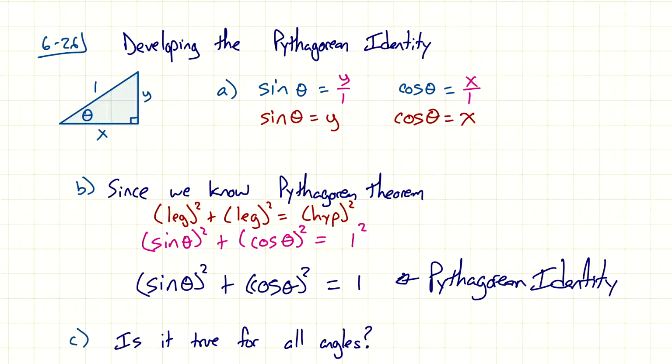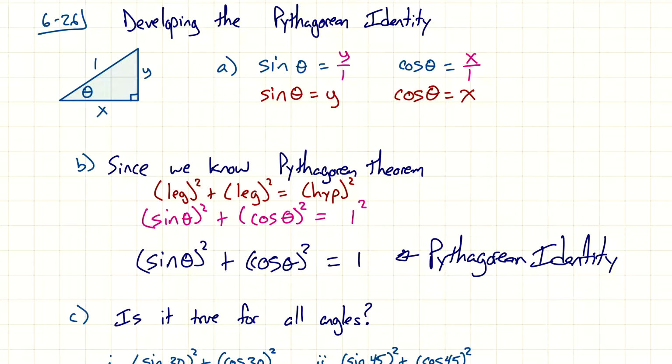This is what we think is true, based on rewriting these relationships into little equations and plugging them into a theorem that we already know. If this is true, then we want to know, is it true for all angles, or is it only true for this triangle? Let's investigate this a little bit further.